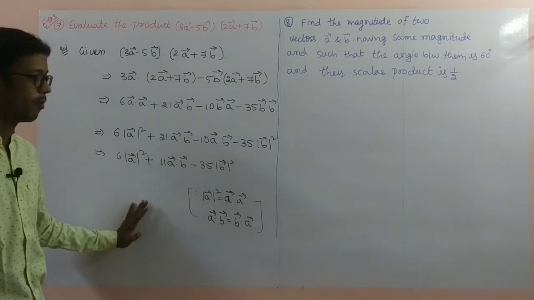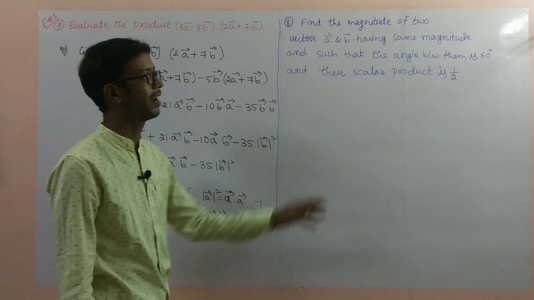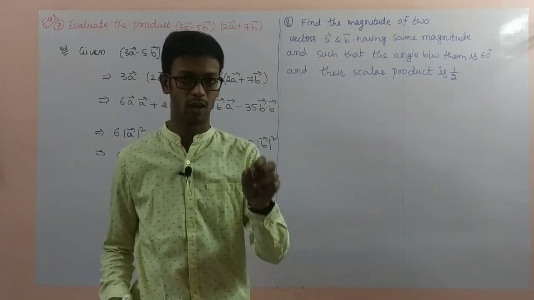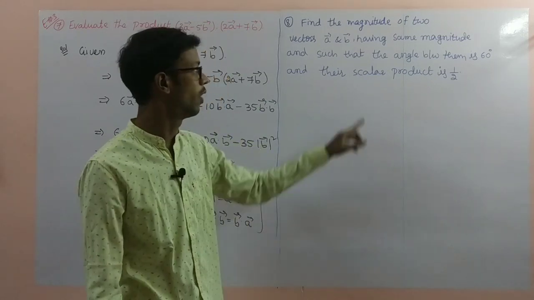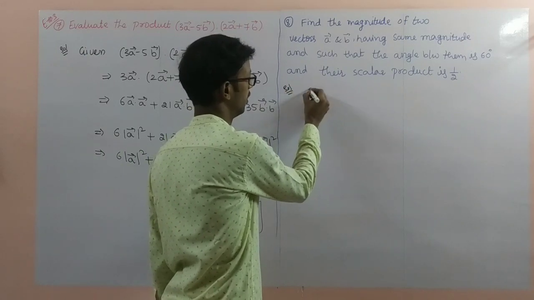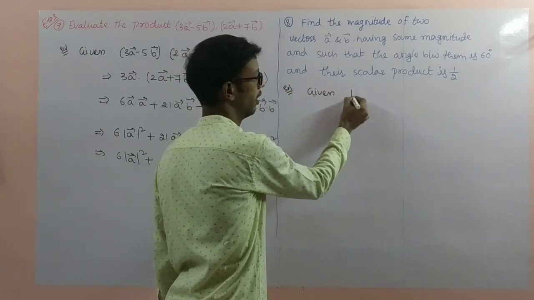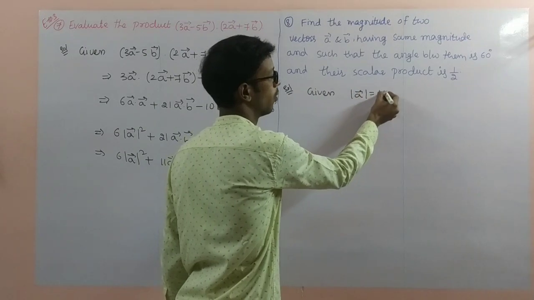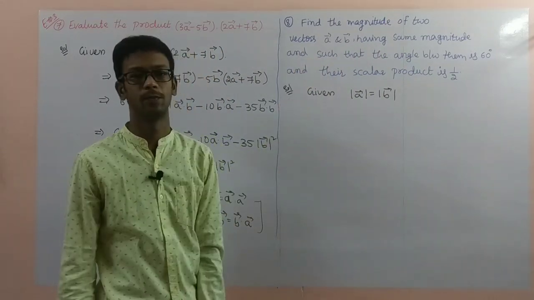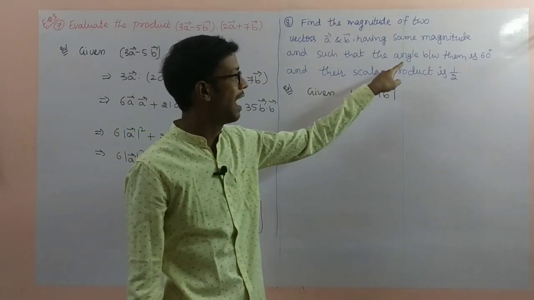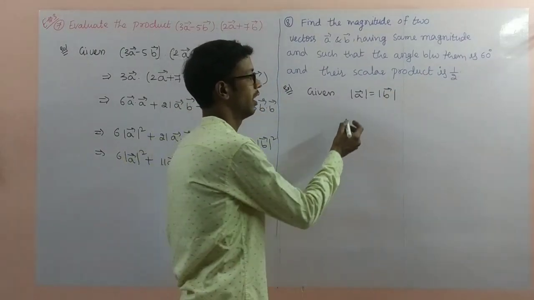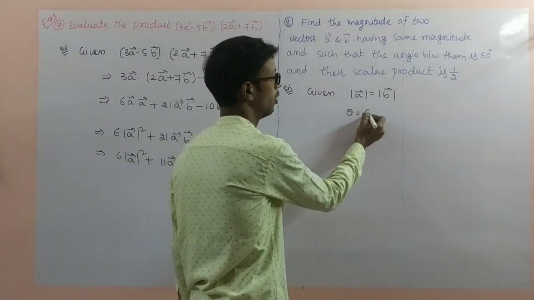So next, problem number 8. Find the magnitudes of two vectors a bar and b bar, having the same magnitude. Solution: given magnitude of a bar equals magnitude of b bar, such that the angle between a bar and b bar, theta, equals 60 degrees.